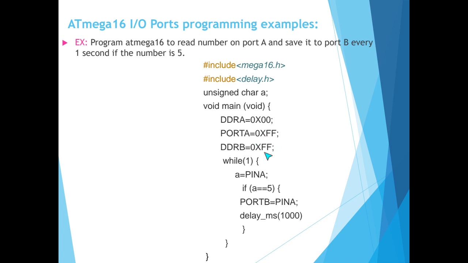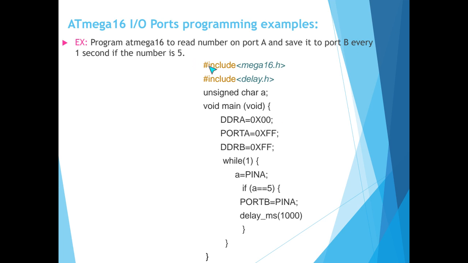And as you see, I wrote 0xFF. Double F means 8 ones. All of the 8 bits should be written as ones. In binary, instead of 0x, we can write 0b followed by 8 ones.